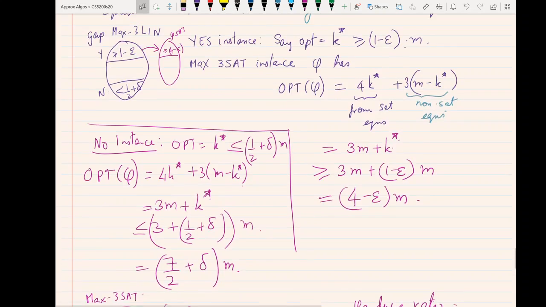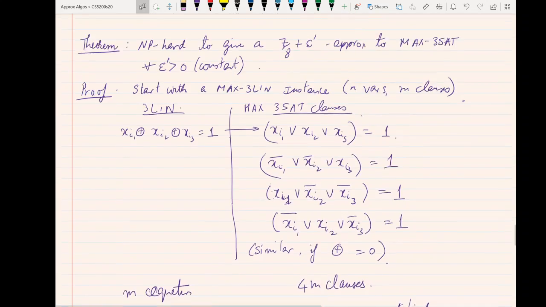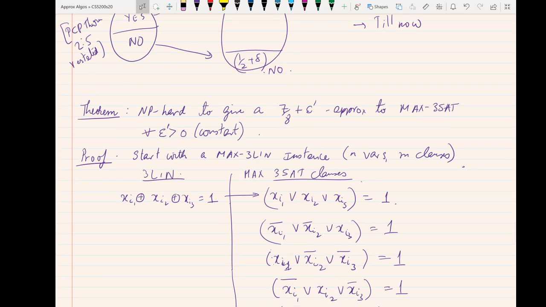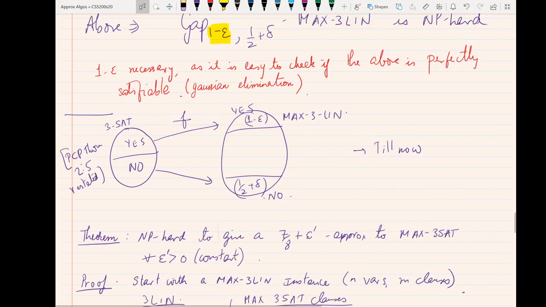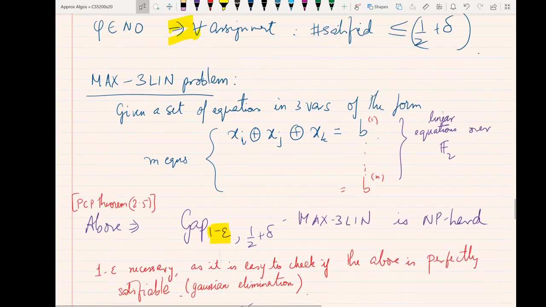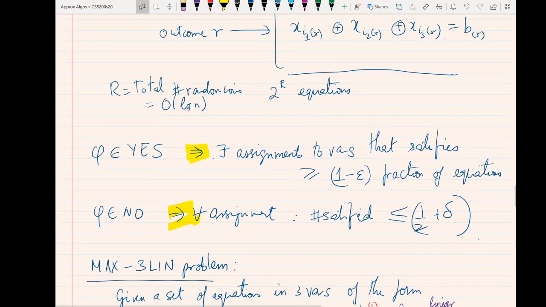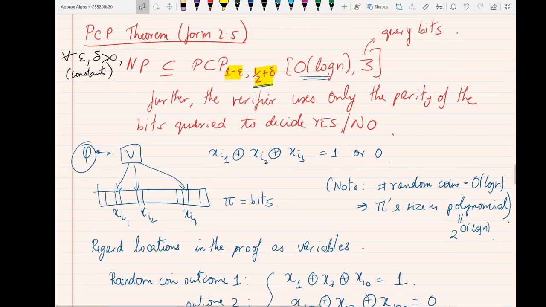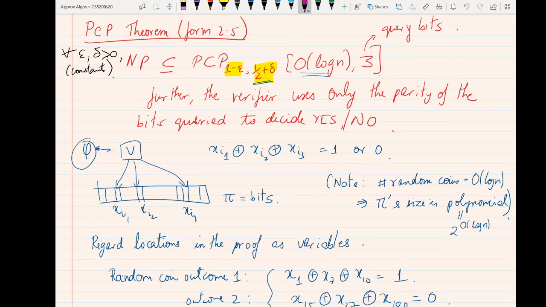Now the important point to emphasize again is that the particular PCP that we had carried out tests of a very nice form. That is, it just looked at the XOR of some 3 bits at a time. And this is what helped us give the hardness result for max 3 SAT that I just showed.